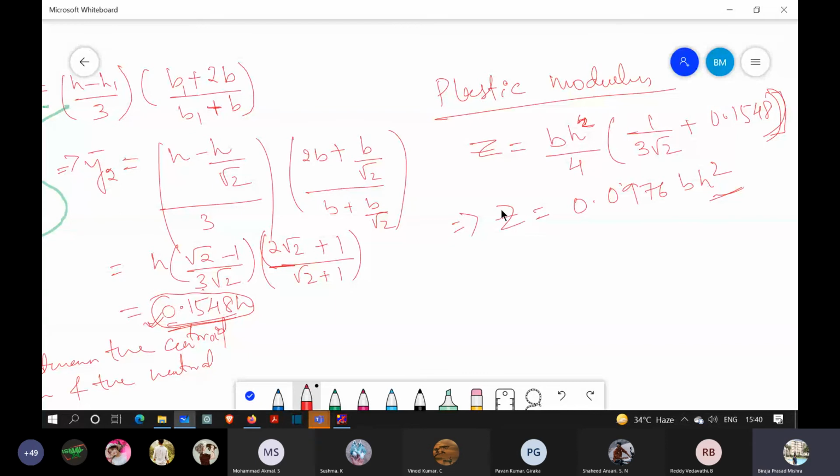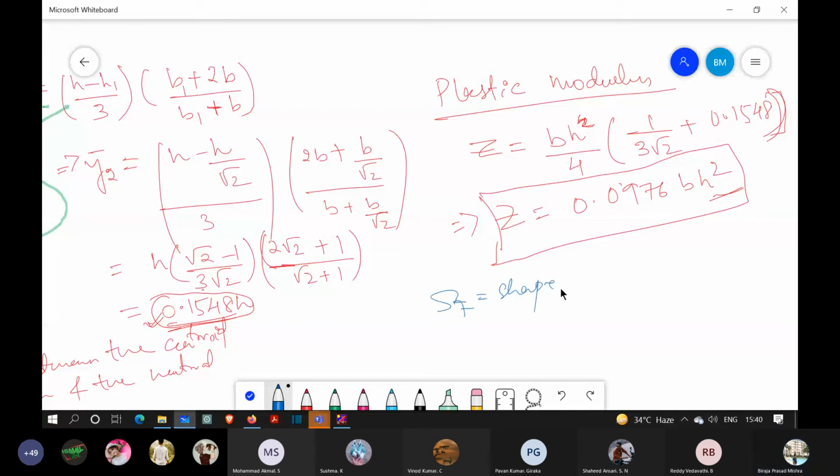Okay, so we know the section modulus and we know the plastic modulus. And if you go back to your notes, what is the formula? What is the relationship? Anybody remember? So I said that SF, that is shape factor, equals to MP by My.